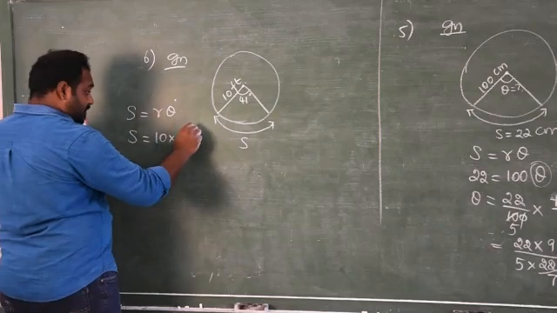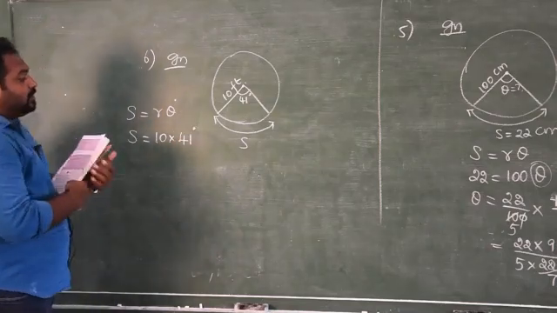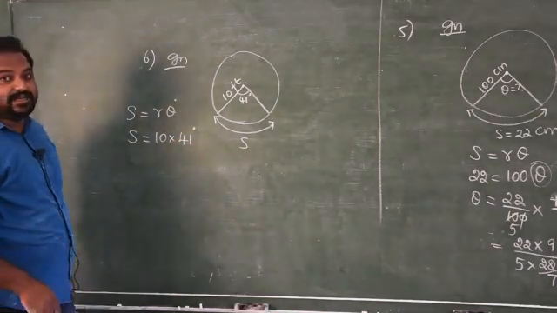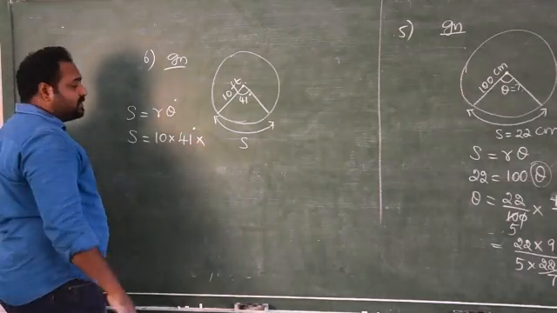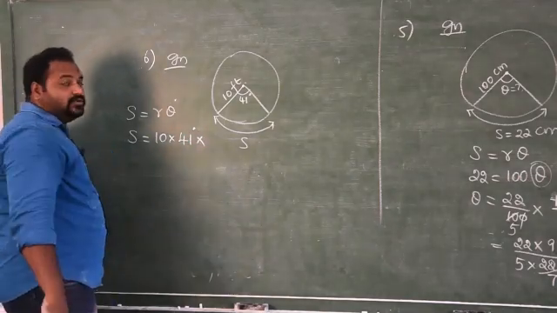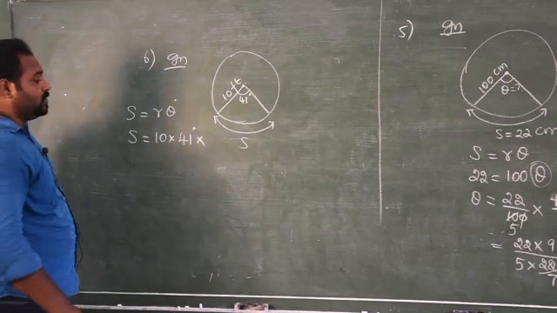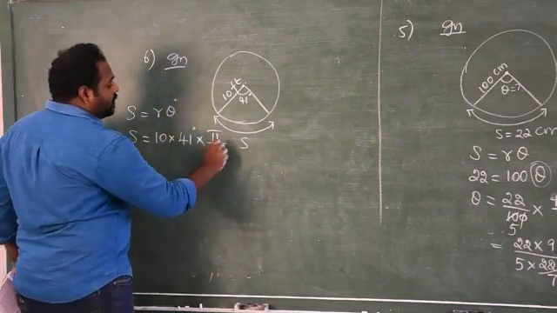We cannot use the degree value for simplification, so we have to convert into a radian measurement by multiplying degree into pi by 180.